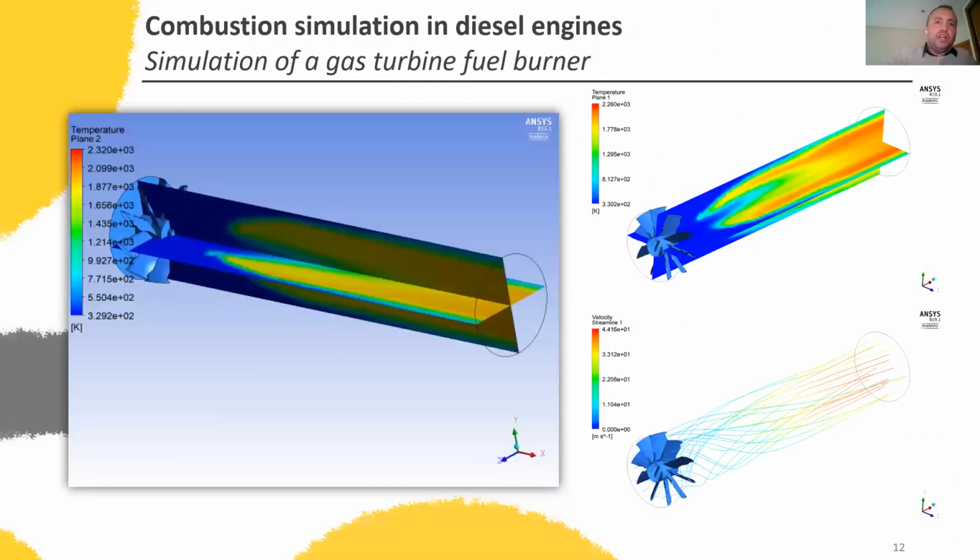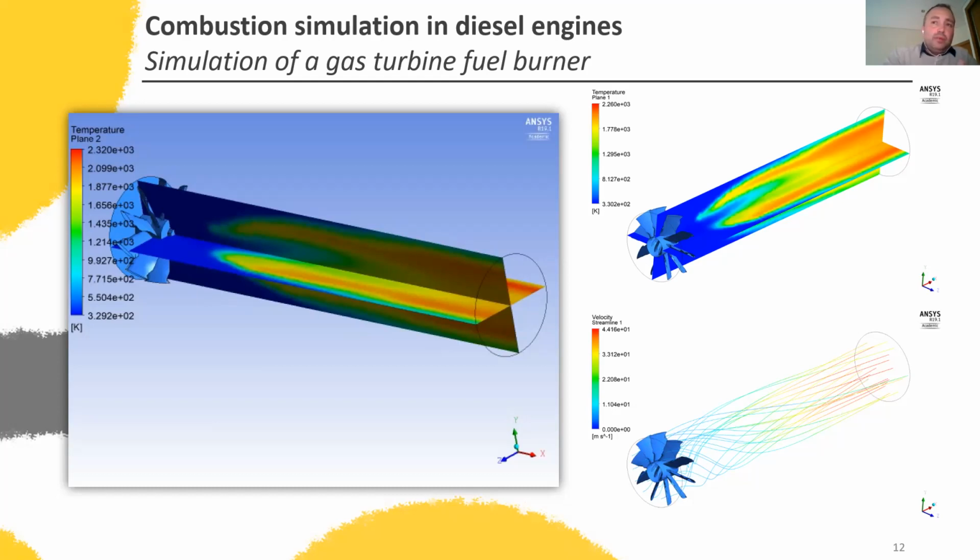In a different way now, this is a simulation that we have done with a turbine, and how we can understand the temperature, for example, inside a turbine, a reactor, and wherever, with different kinds of fuels. We can use ammonia, diesel, gasoline, and then we can understand everything that is happening inside the reactor.